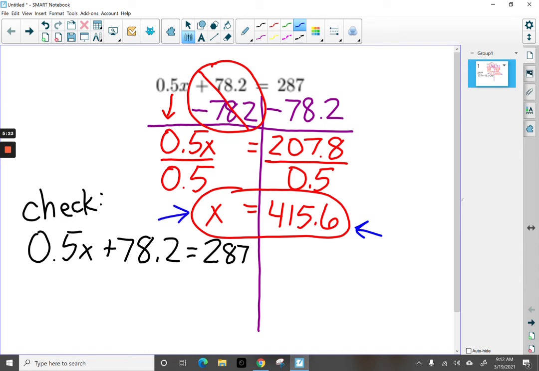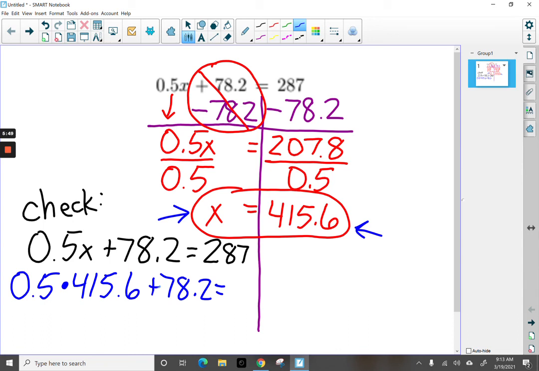And what should happen is I should be able to take this, multiply by 415.6, and add 78.2. And what should happen is it should equal 287. Now be very careful when you are solving a problem like this.